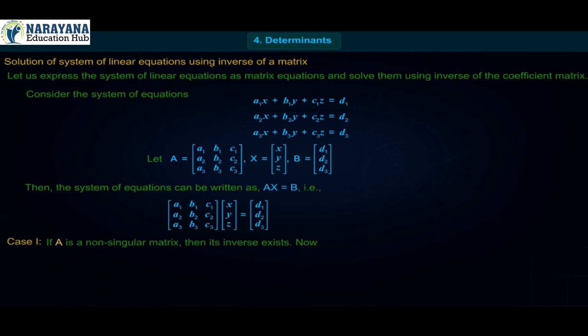Case 1. If A is a non-singular matrix, then its inverse exists.